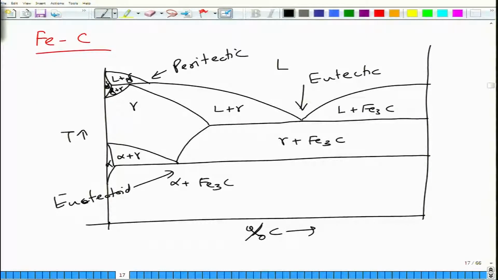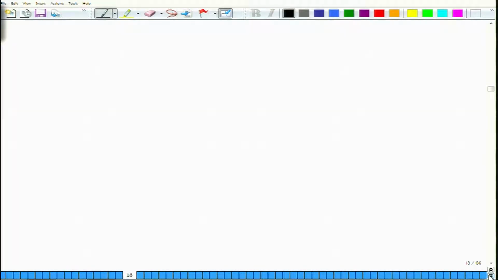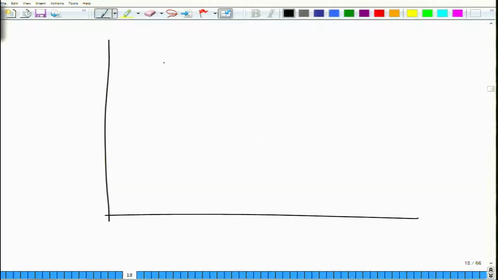You have several other systems which are very complicated. For instance, you can have the copper zinc system. I will come to them later on, but in the copper zinc system you have the first peritectic reaction here, the second peritectic reaction here.